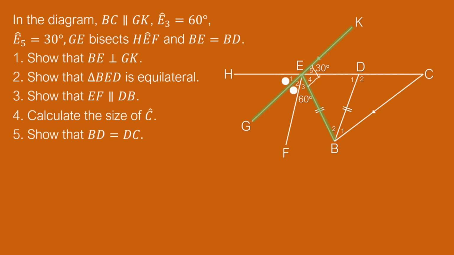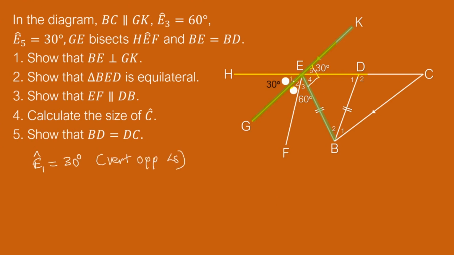We have HC and GK. HC and GK form vertically opposite angles, so meaning that angle E1 is equal to 30 degrees. And then what's the reason? Vertically opposite angles.